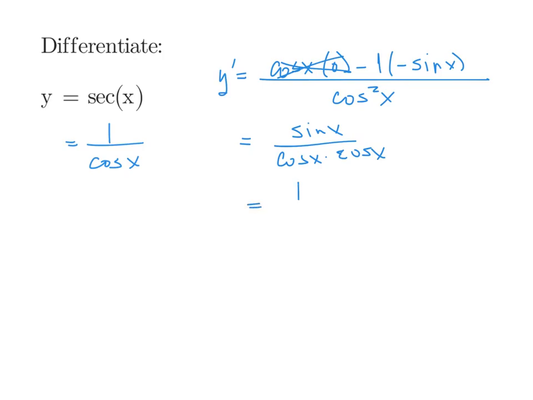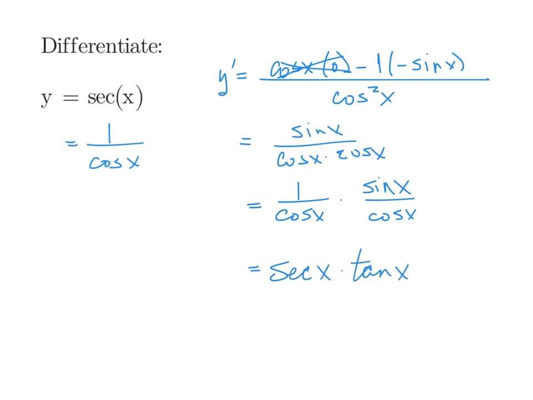So I'm going to write this as a product of 1 over cosine times sine over cosine, and the reciprocal identity says this will be secant times tangent. So the derivative of secant is secant tangent. When it comes to finding the derivative of cotangent and cosecant, they're going to be done in very similar ways, but they're left as part of your homework assignments. But that is the quotient rule.